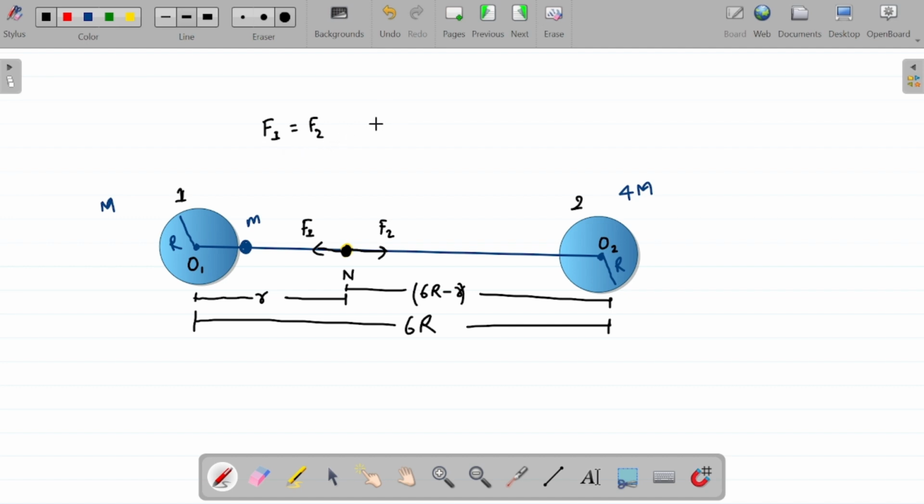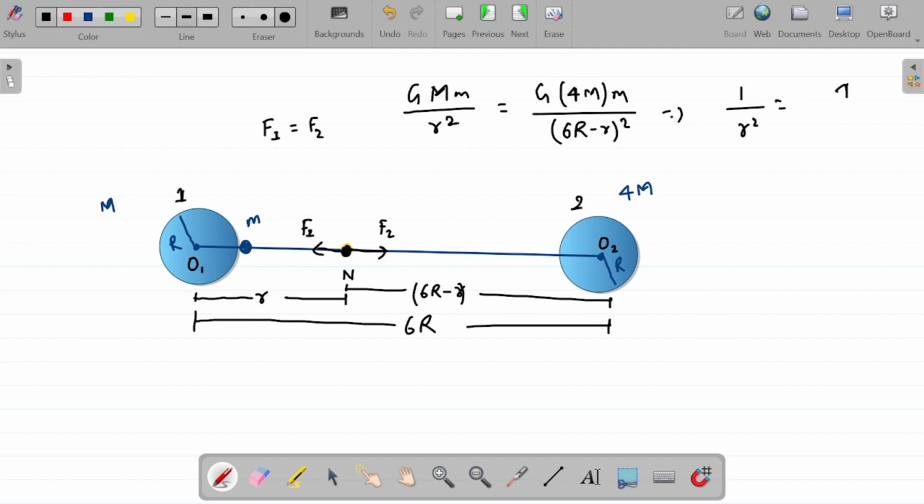So we can write GMm by r square equals G into 4Mm by (6r minus r) square. Now we have 1 by r square equals 4 by (6r minus r) square.